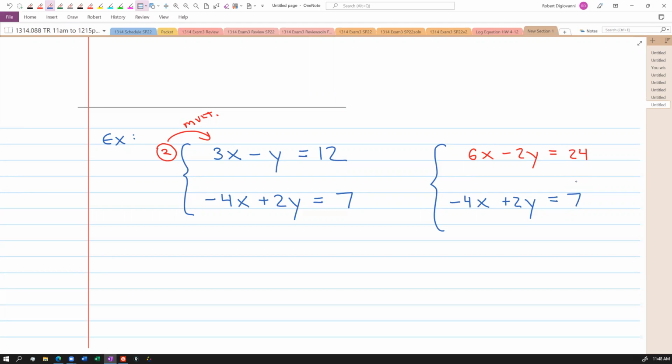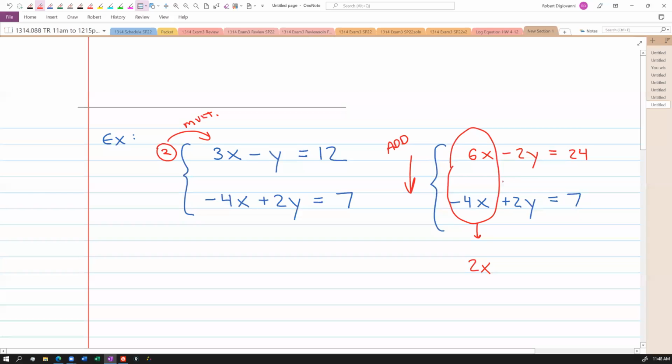So let's add them down now. This becomes 2x. This becomes 0 equals, and when we add over here, hey, this looks familiar, 31. So 2x equals 31.